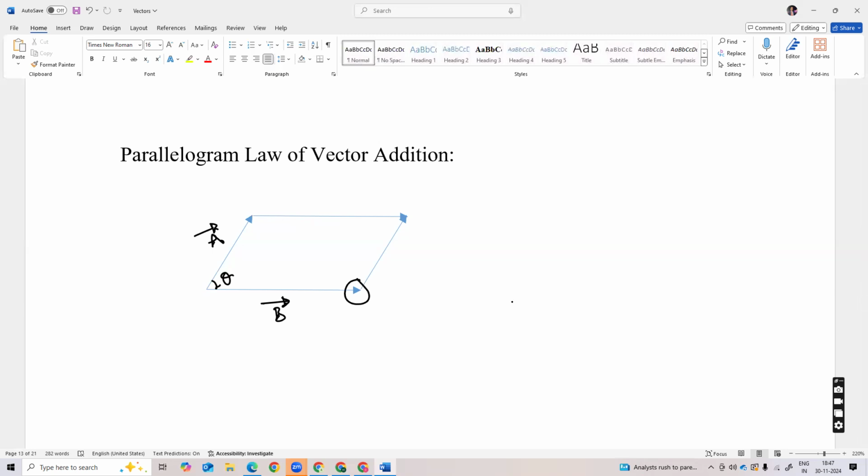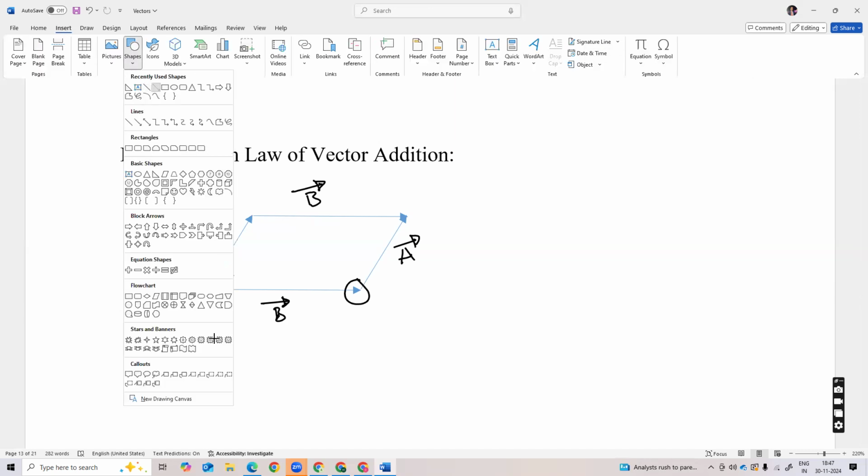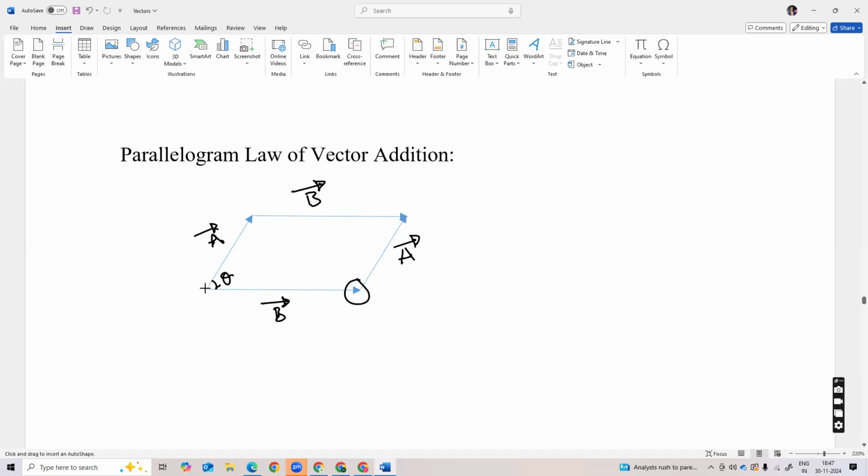So here we got a parallelogram, which is formed from vector A and vector B. In this case, the resultant of vector A and vector B is basically the diagonal of the given parallelogram.